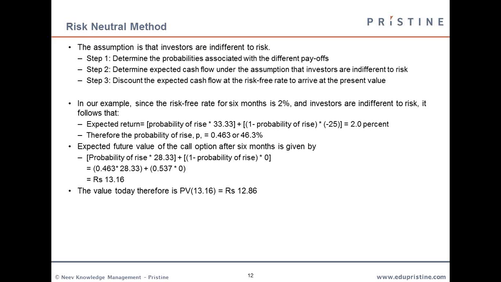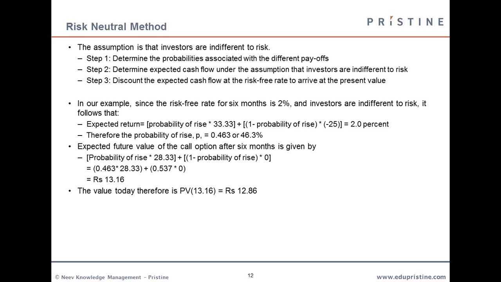So here, the expected return is the risk-free rate, which is 2%, which can be calculated by the probability of rise and the probability of fall multiplied by their respective upward trends and the downward trends.